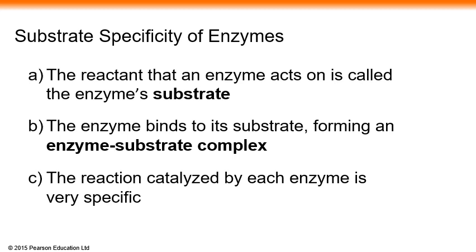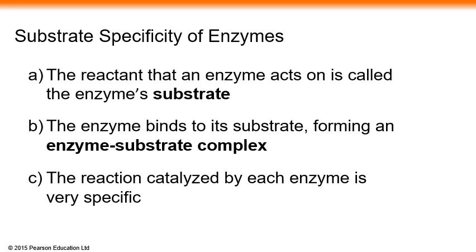Only one type of enzyme is going to be involved in one specific type of biochemical reaction. So that's the substrate specificity of the enzyme. That means the reactant that an enzyme acts on is called the enzyme substrate.